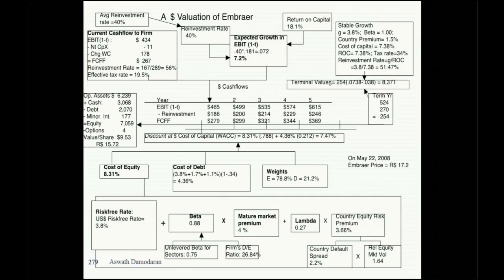So basically, Embraer is not as exposed as a typical Brazilian company. The way this shows up is as a much lower cost of equity than you would get for a typical Brazilian company. And the value per share that I got was about 953, which translates into a real value at that time of 15.72.